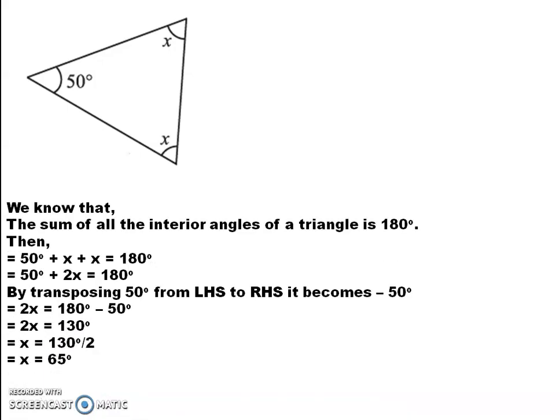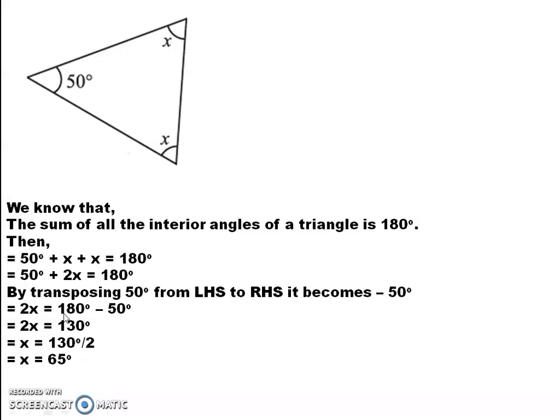That is 50 plus x plus x is equal to 180. A little knowledge from algebra: x plus x is 2x. Okay? So 50 plus 2x is equal to 180. 50 goes to the RHS. What happens? It becomes minus 50 degrees.